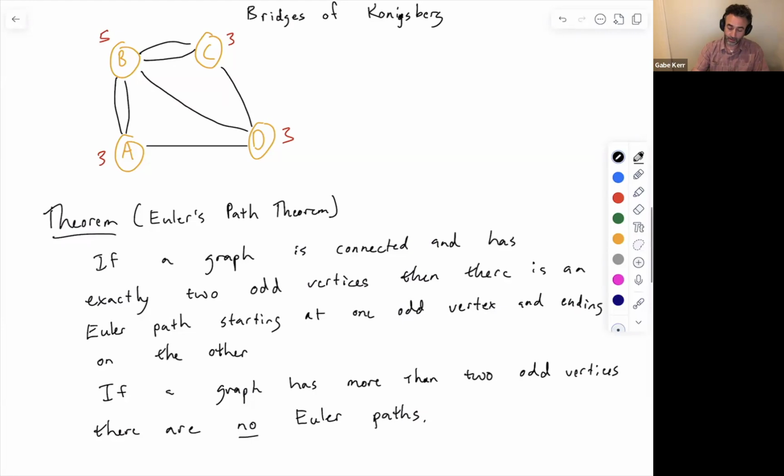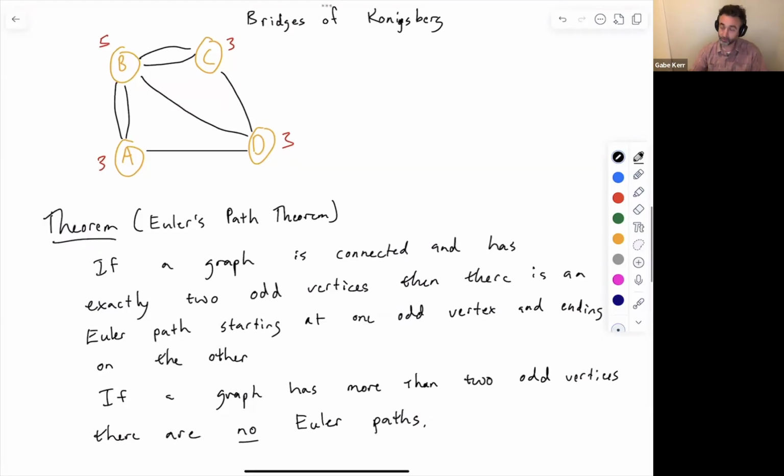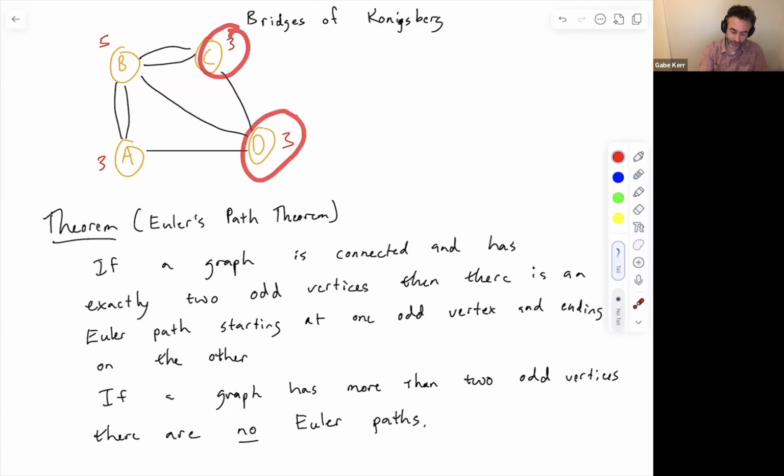Well, if we look at our bridges of Königsberg problem, it's hopeless. We have all of the vertices as odd vertices, certainly more than 2. So there is no Euler circuit by the Euler circuit theorem, and there's no Euler path by this theorem here. So sadly, there is no such path in this case.